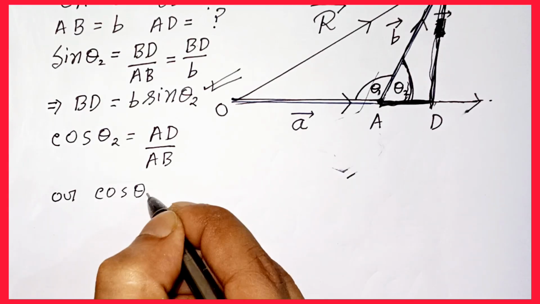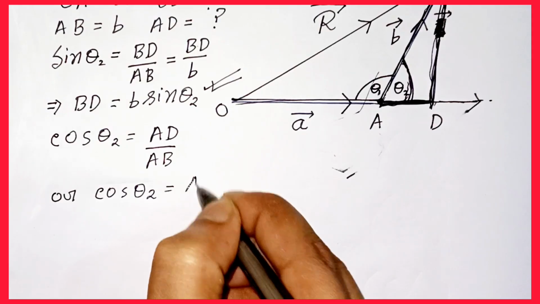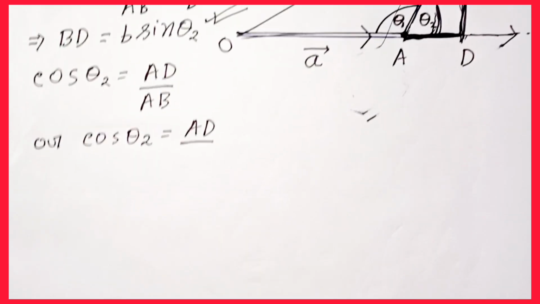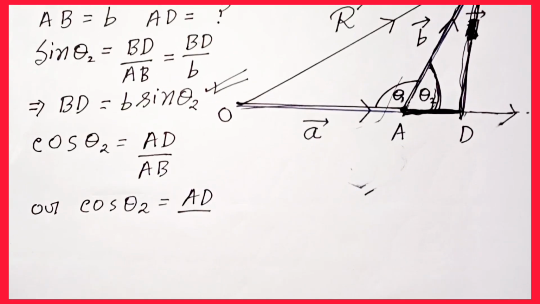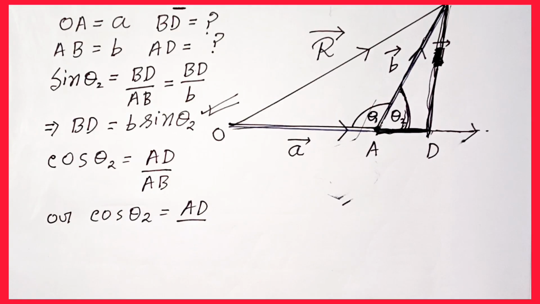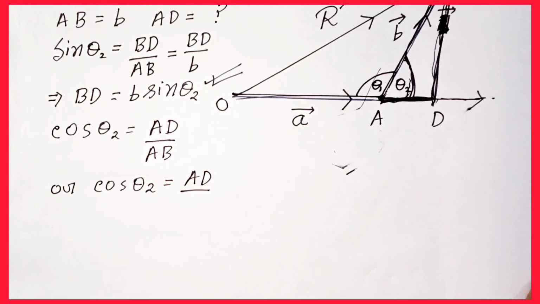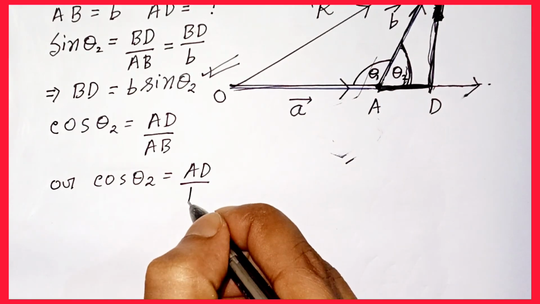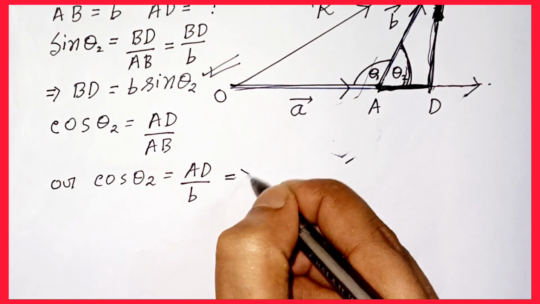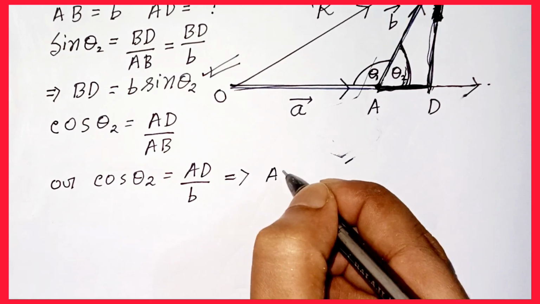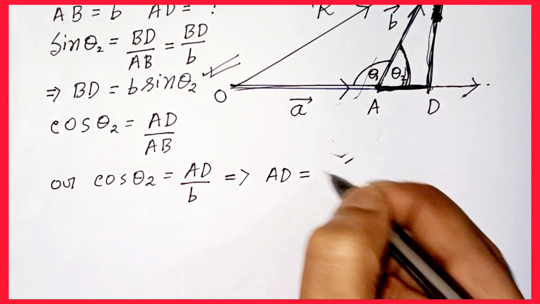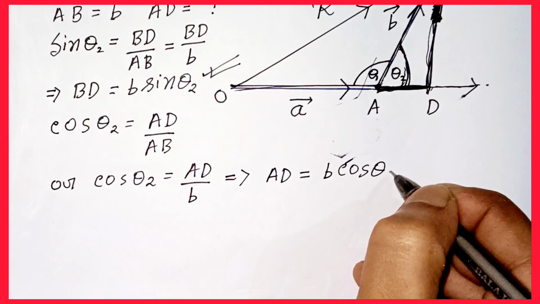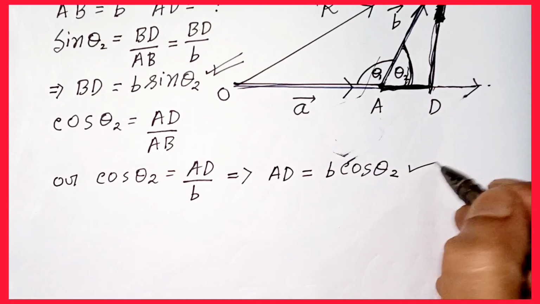AB is the B vector, so the length of AB is small b. So finally we get AD equals b cos theta 2. I think you understood till now. There is no problem, easy peasy, no tension.